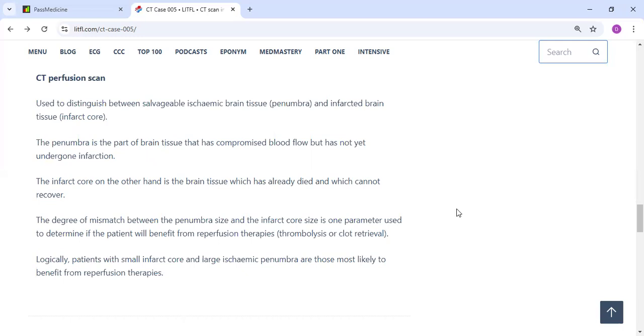The degree of mismatch between the penumbra size and the infarct core is one parameter used to determine whether this patient will benefit from reperfusion therapy. Logically, patients with a small infarct core and large ischemic penumbra are the most likely to benefit from reperfusion therapy.